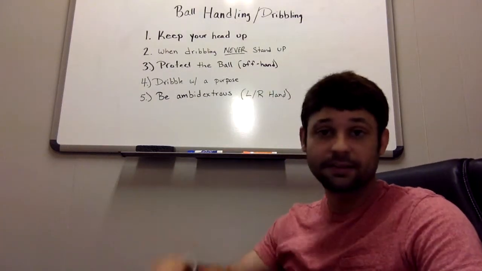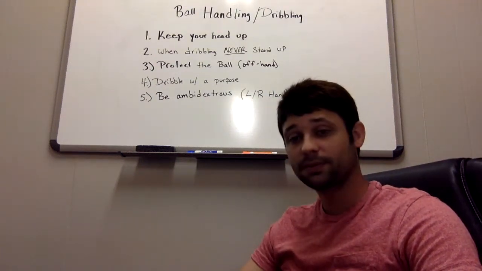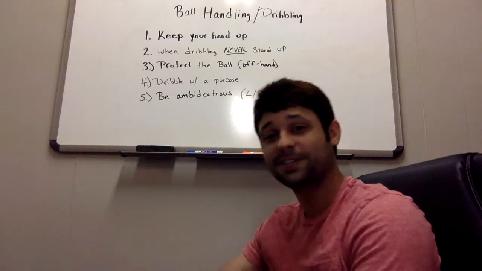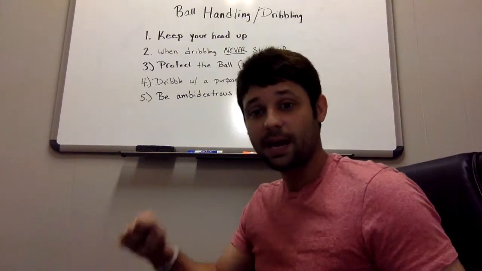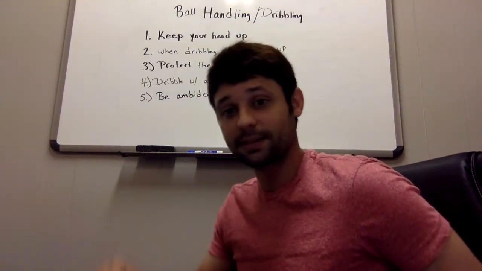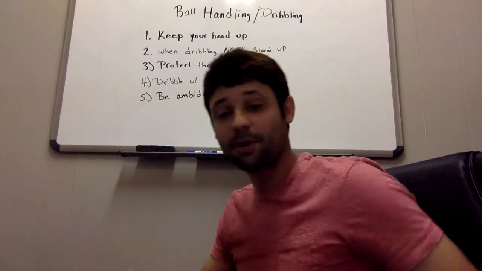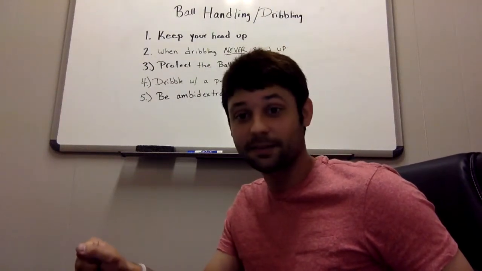The third thing: protect the ball with the offhand. I don't know if y'all have ever heard of this, but if you're dribbling the ball and you don't have your arm bar out, I usually call it public property. That means anybody can come in and steal that ball.